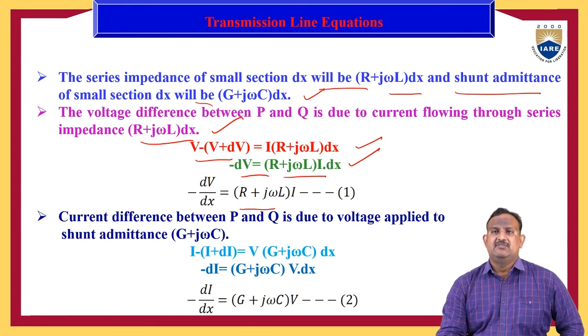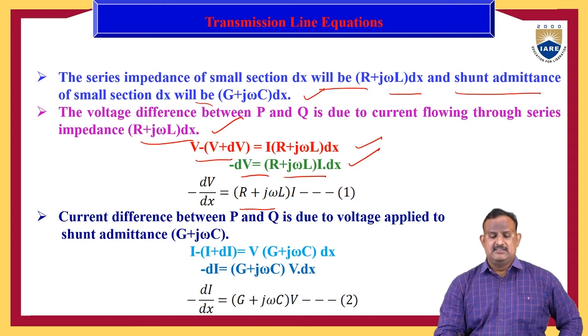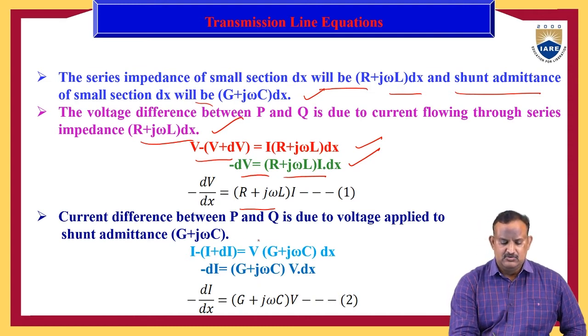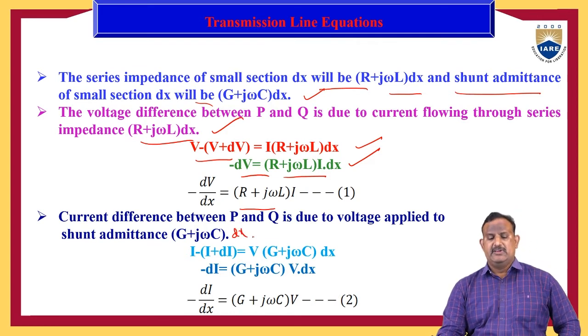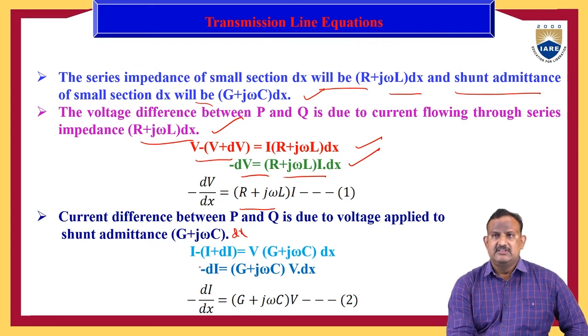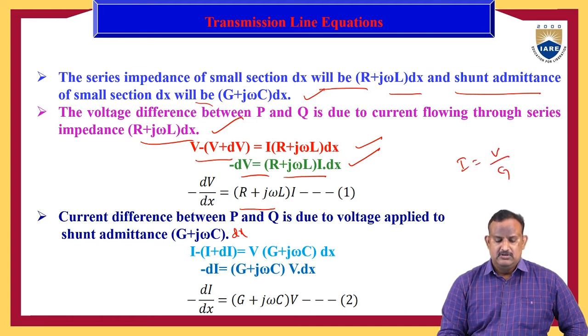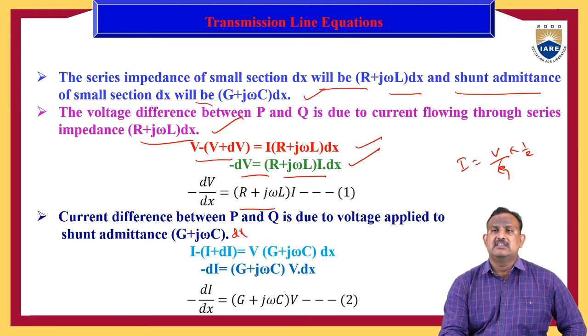The current difference between P and Q is due to the voltage applied across the shunt admittance G plus j omega C into dx. So the current difference is I minus I plus dI. We know I is equal to V by Z, that is V into 1 by R. But in place of resistance, we are considering the conductance.